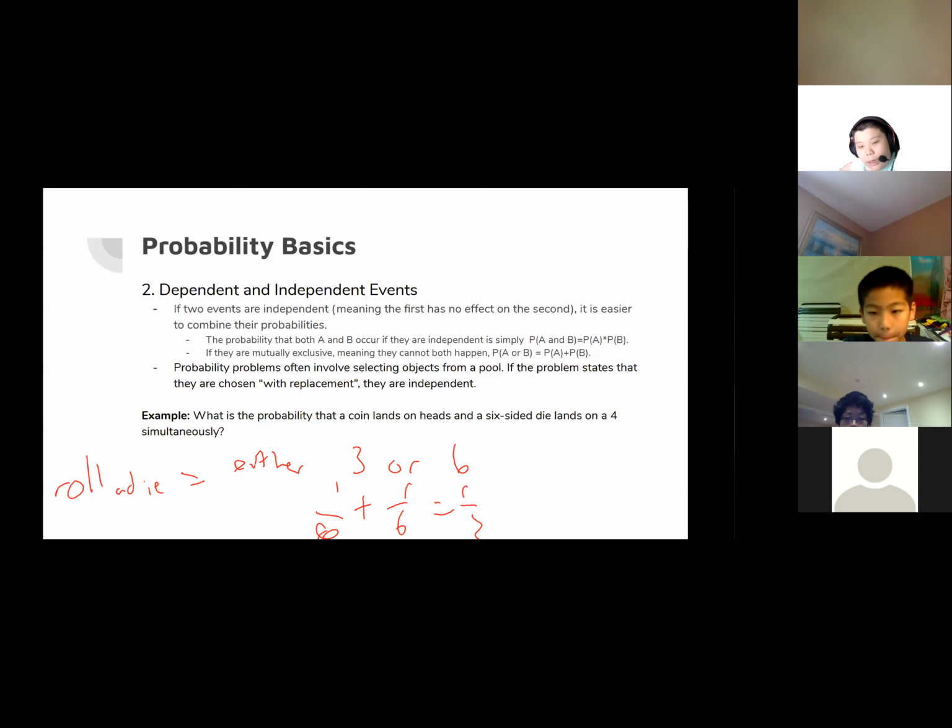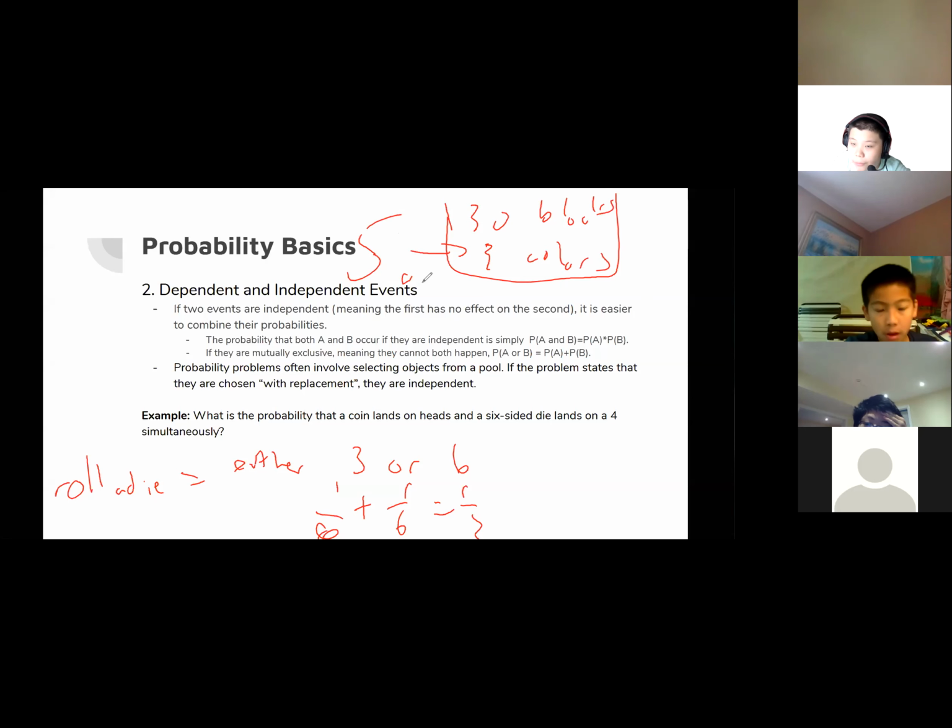And another important thing, just the terminology that people use, is with replacement or without replacement. So what does that mean? Probability problems often involve selecting objects from a pool. Let's say, for example, I have a bag with 30 blocks of 3 different colors, and I'm selecting 5 of them with replacement.